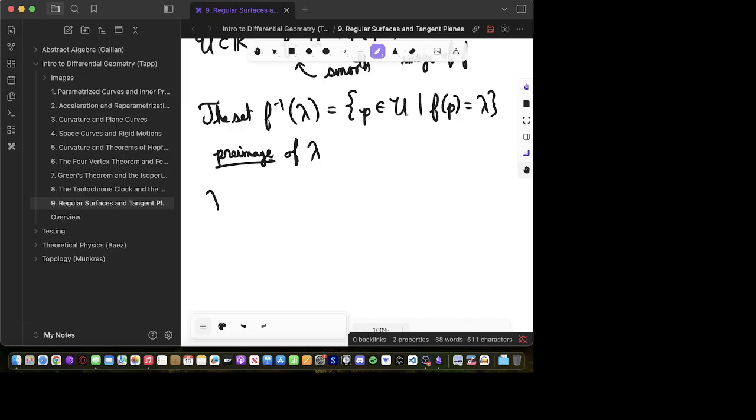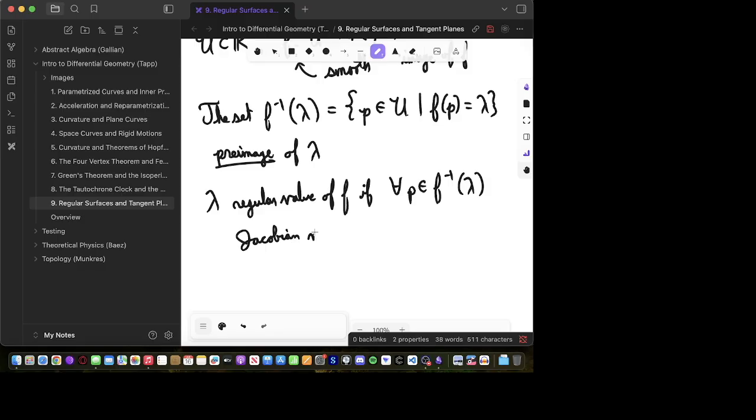And furthermore, we have that lambda is a regular value of f if for all p in the pre-image of lambda, the Jacobian matrix for f at p is not the zero matrix.